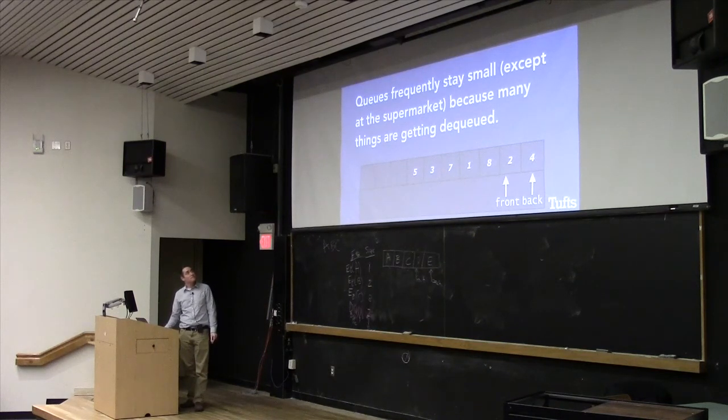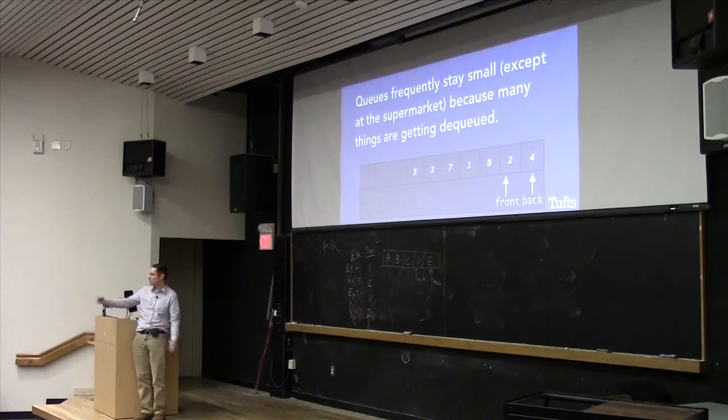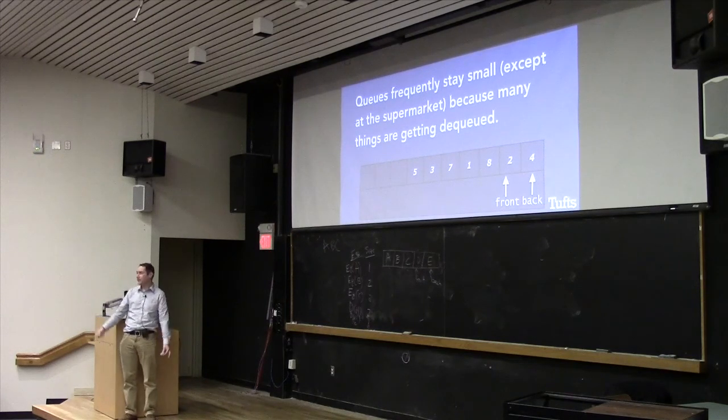Queues in general, and you hope, unless you're calling AT&T or something, queues get smaller. As with the phone company, it seems like you never actually get to the front of the queue. Queues generally stay relatively small because you're enqueuing things, and the whole point of a queue is to be able to dequeue things as well. So if you're pushing things in and taking them off, the overall size of the queue stays pretty small.